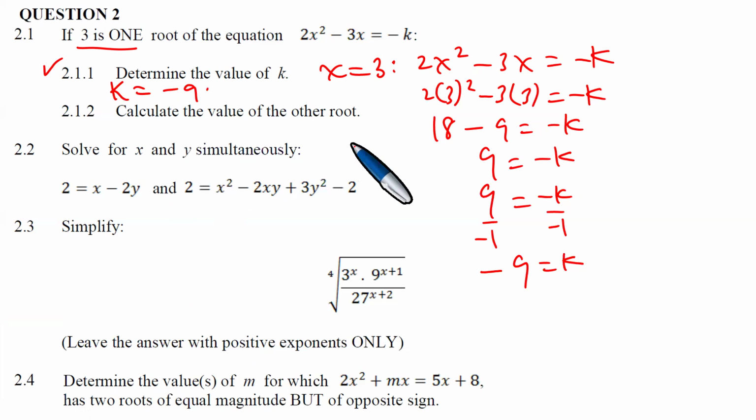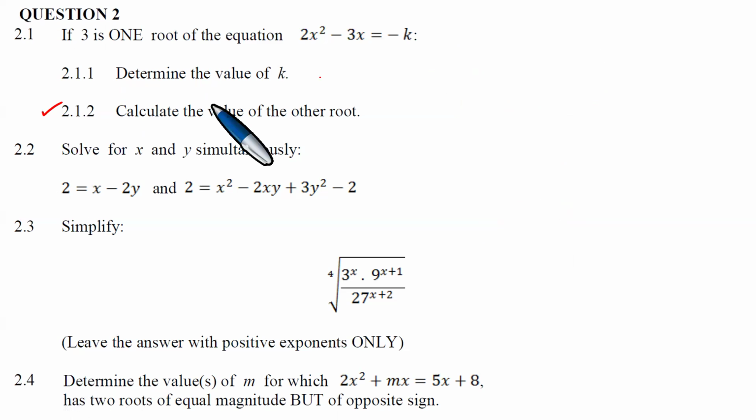Calculate the value of the other roots. How do you find the value of the other roots? Anyone? So obviously at this point, we are sure that k equals minus 9. What is the value of the other roots?